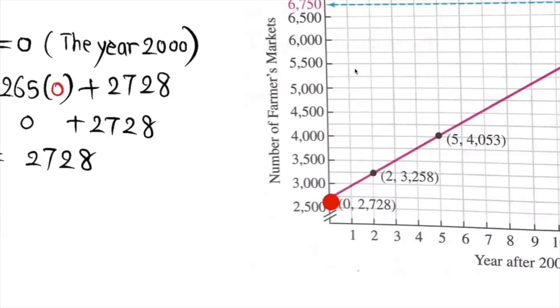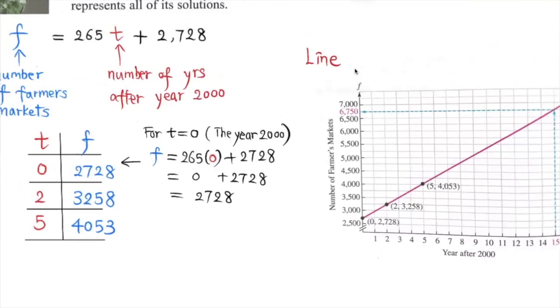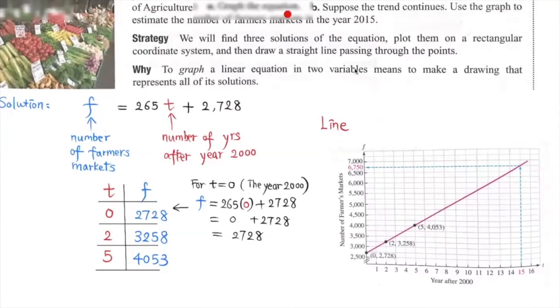Now this is 2,500, this is 3,000, etc. So you plug in those 3 points, and then you graph this line. Okay, so this is the graph of that equation.